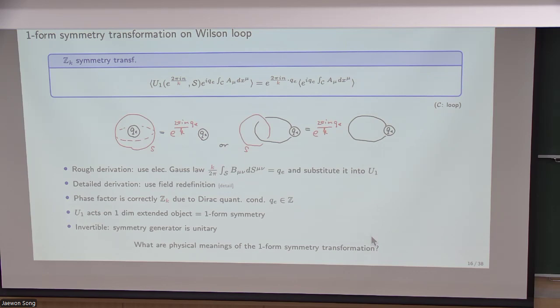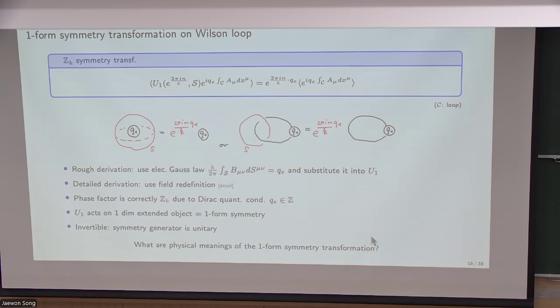In this case, the symmetry generator and the charged object intersect each other. So I don't have an interpretation at the operator level in quantum field theory. I don't know how to interpret this configuration.